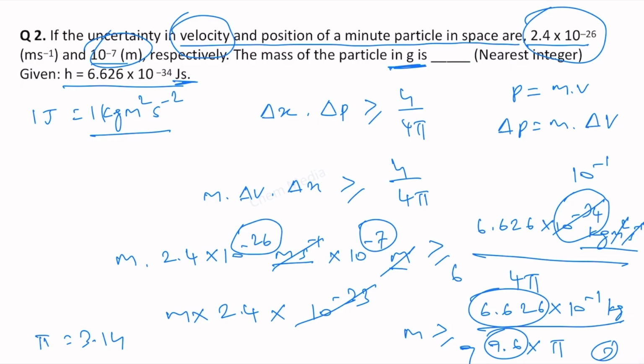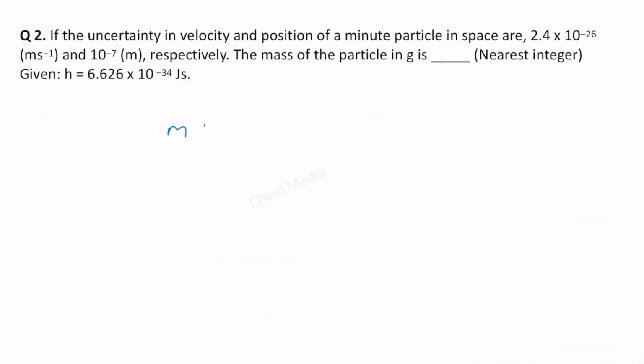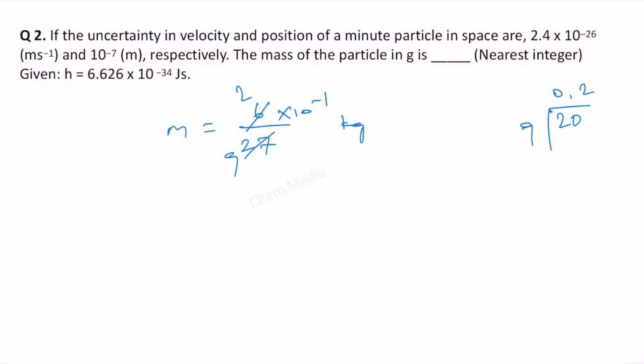So, in that case what will happen is mass is equal to 6 by 27, because 9 times 3, times 10 to the power minus 1 kg. So, this will be 2 by 9. So, we can't divide 2 by 9. So, let us add a 0. So, 0.2, 9 times 2 is 18, remaining 2, again we can't divide. So, put a 0. So, this will keep going, 0.222.